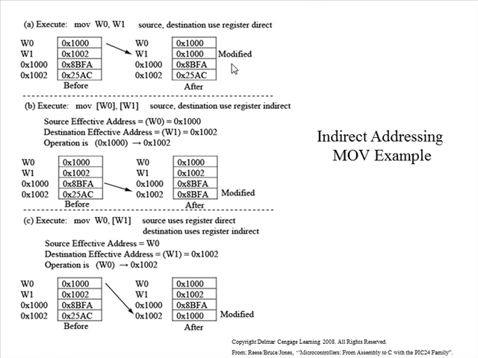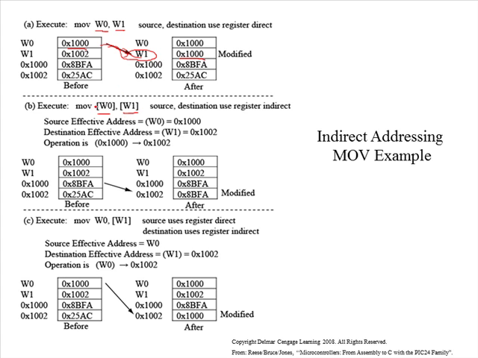First, let's just review register direct addressing. Here we're simply copying the contents of W0 to W1. So if W0 contains the value 1000, then after we execute this instruction, that value 1000 is going to be copied to W1, and W1 will contain the value 1000. Now let's put brackets around these two operands and see what happens.